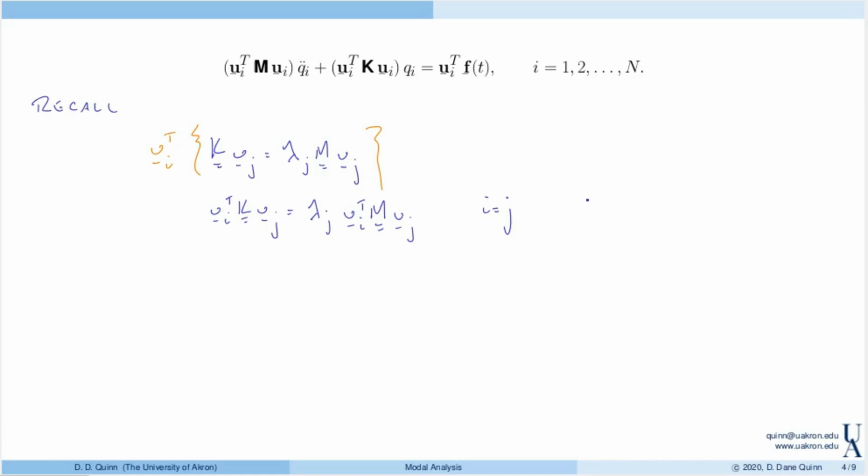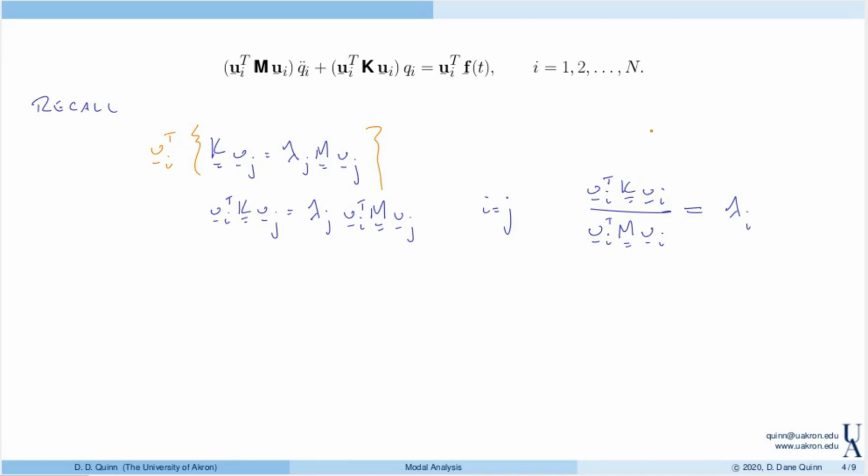However, we can then go and show that ui transpose times, in this case, k ui, so basically I'm substituting i in for j, this ratio is precisely equal to lambda i.